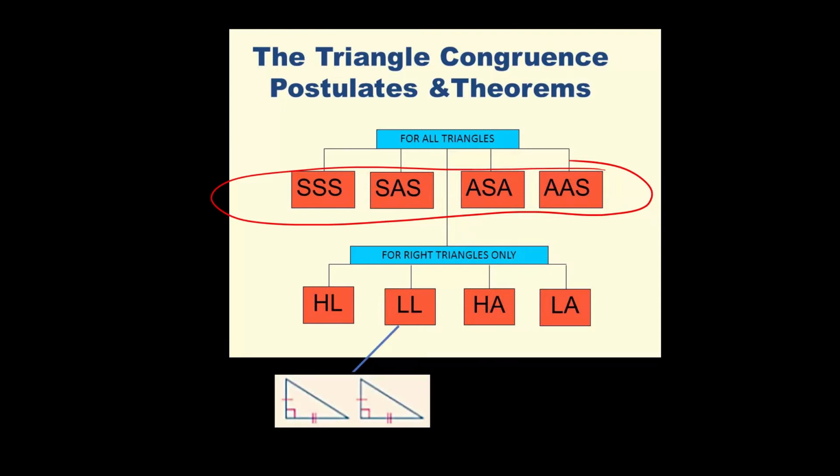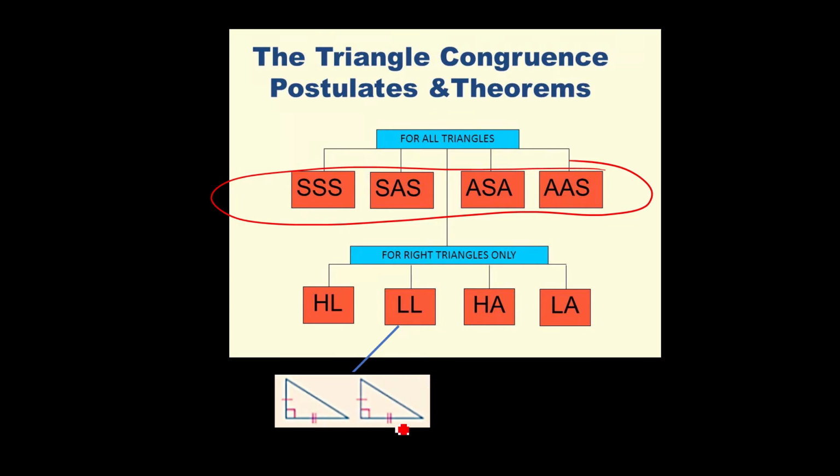For example, the LL theorem, the leg theorem, says that if two legs of a right triangle are congruent to two legs of a second right triangle, then the triangles are congruent. Well, that's like the scenario in the picture drawn here.